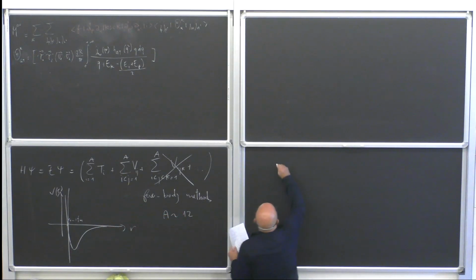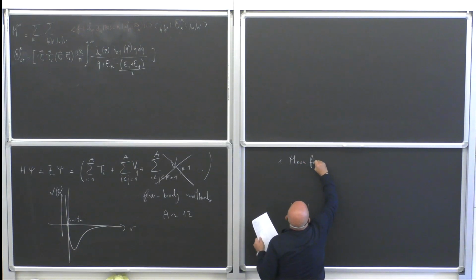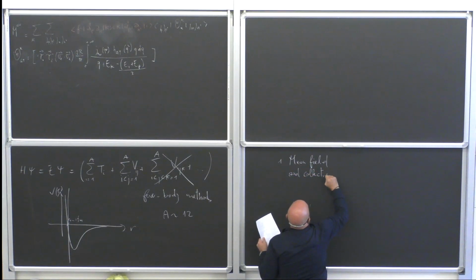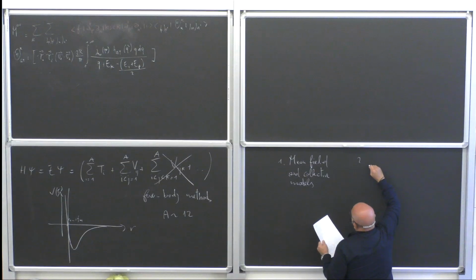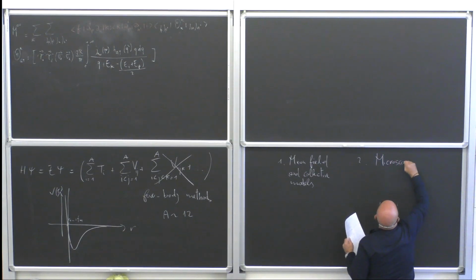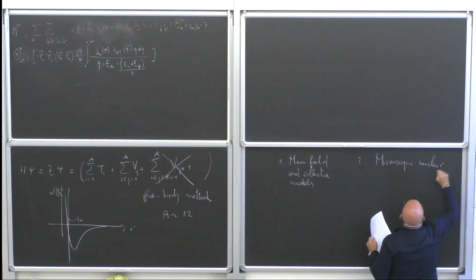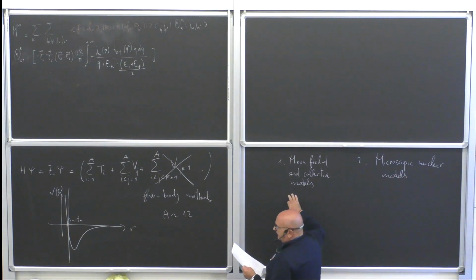One is mean field, and the other one is what I call microscopic nuclear models. Now, let's list some of them.